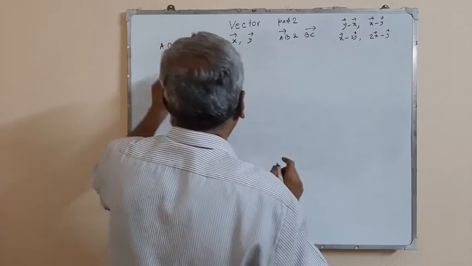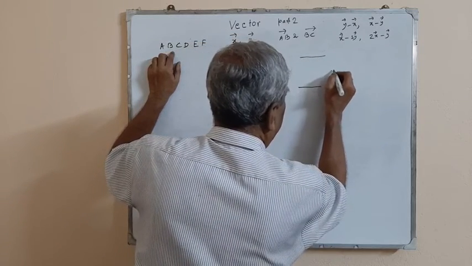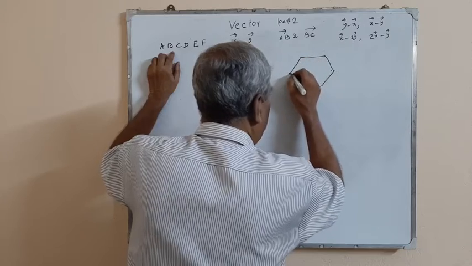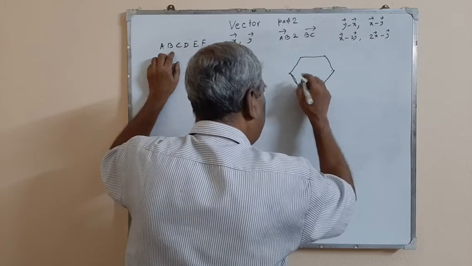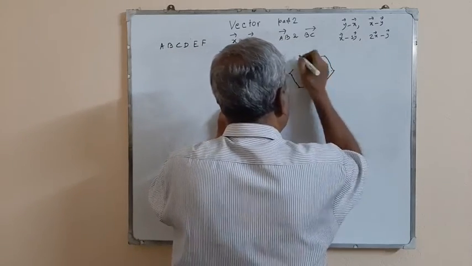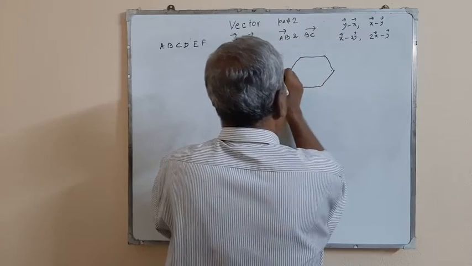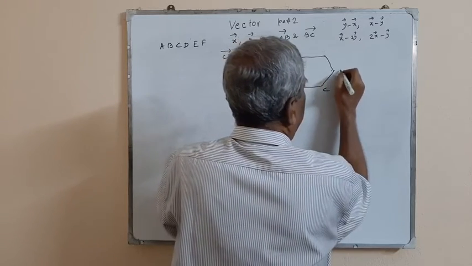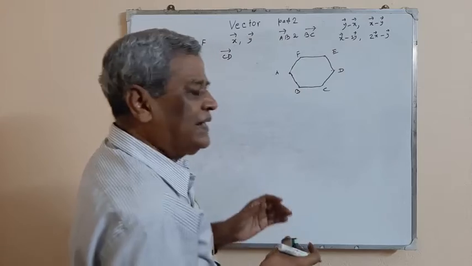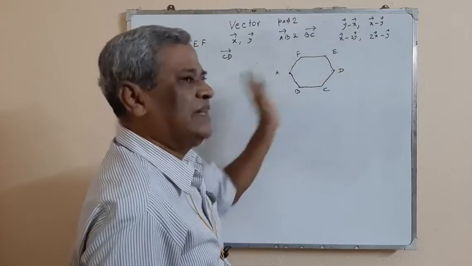Let us draw the figure first. ABCDEF is the regular hexagon, means all sides are the same, all included angles are the same.